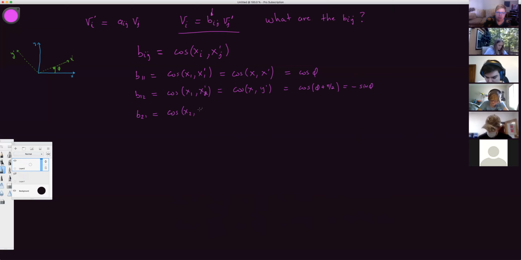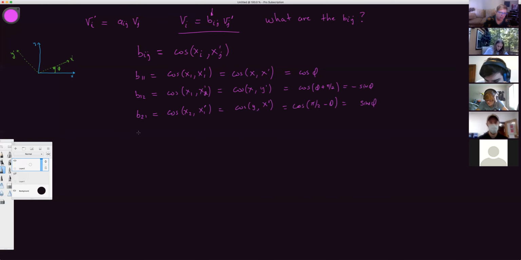All right, and then B21, that's the direction cosine between x2 and x1 prime, so that's the direction cosine between y and x prime. So that's going to be 90 minus phi, so that's cosine of pi over 2 minus phi, and we said that before, sine.